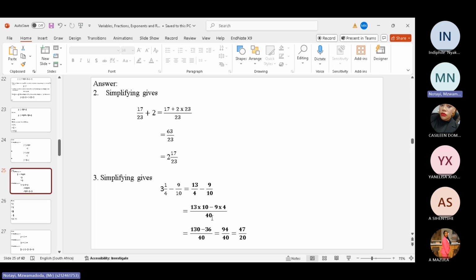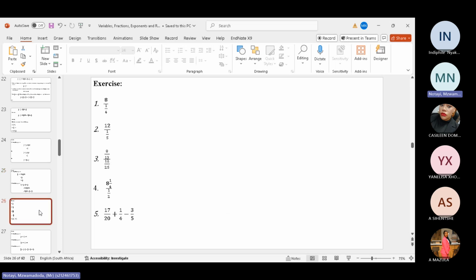And then you can proceed with your, okay, 40 is in 40, there'll be 1, and then multiplied by 130. And then 40 is in 40, there'll be 1 multiplied by 9 times 4. You proceed with your operations. All right, okay, let's continue.